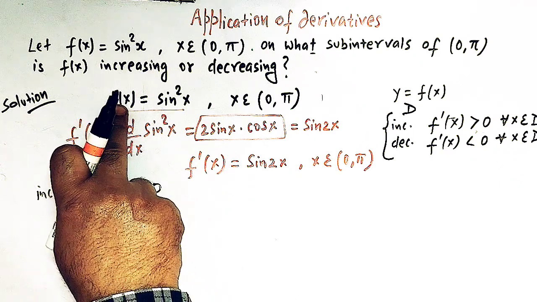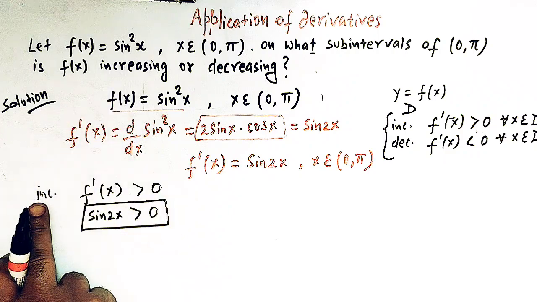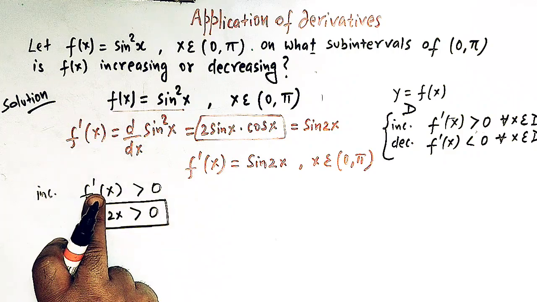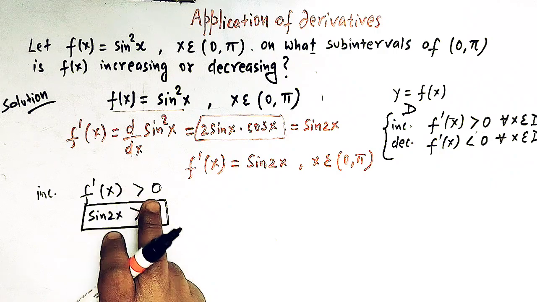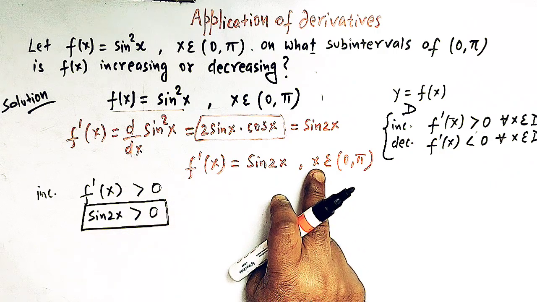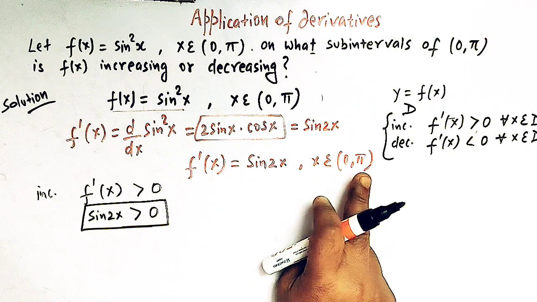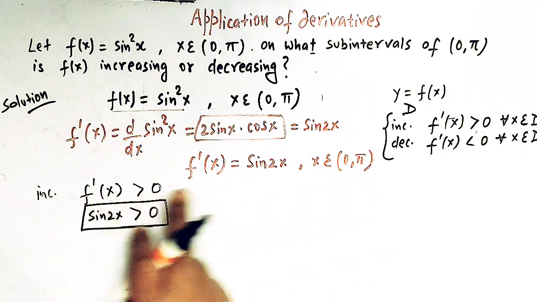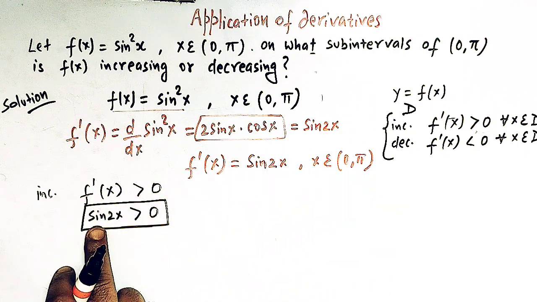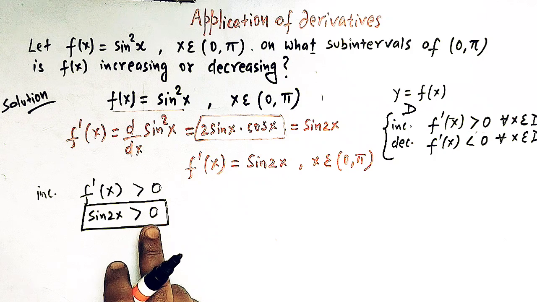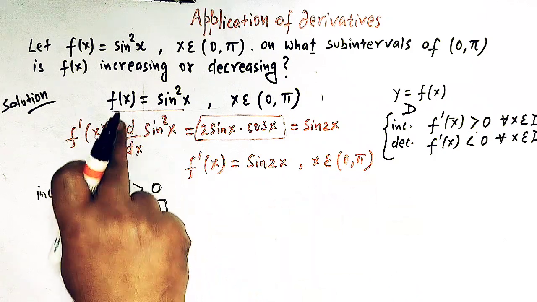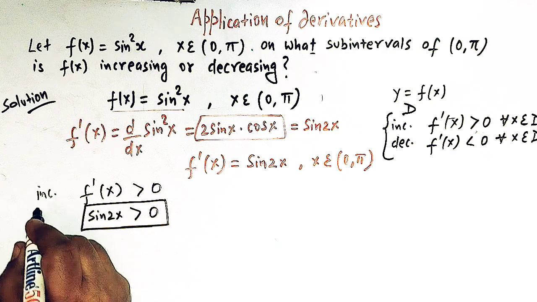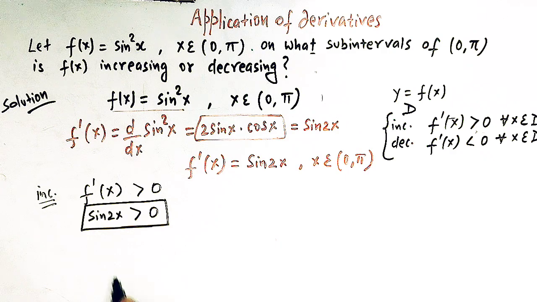Now see, this function f of x is said to be increasing function if the derivative is always going to be positive, that is greater than 0 for all x belonging to this interval, that is 0 to pi. Now f prime of x is sine 2x, so sine 2x should be greater than 0 for all x belonging to this interval, so that this function f of x is increasing function.